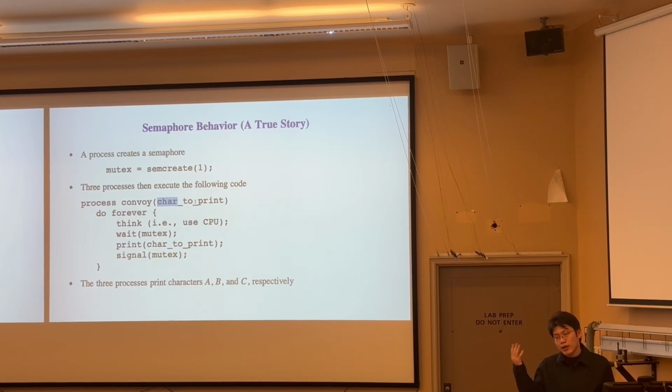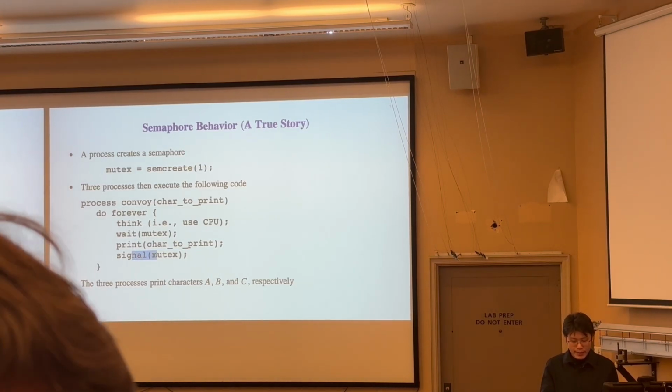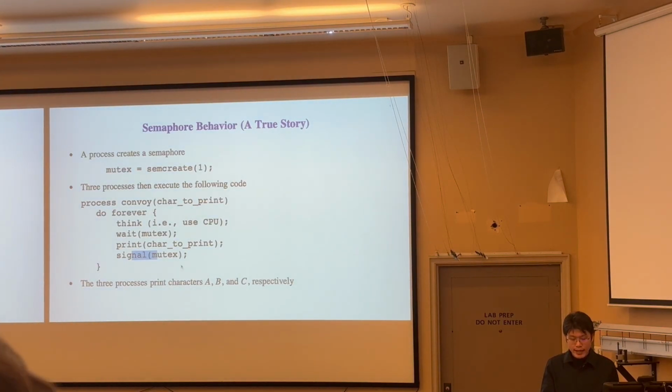One prints A, the other prints B, the next one prints C. Each of them runs this while loop, so it does some computation using the CPU, and it uses the mutex to protect the critical region. In this critical region, it prints the char, A, B, or C, and then after this, it calls signal. So these 3 processes print A, B, and C respectively.